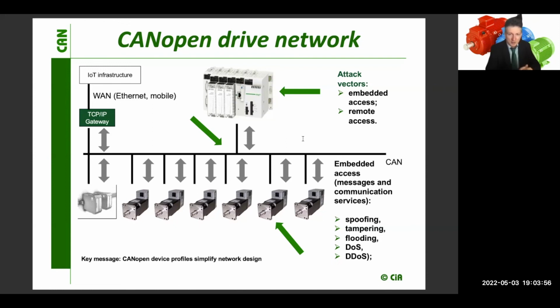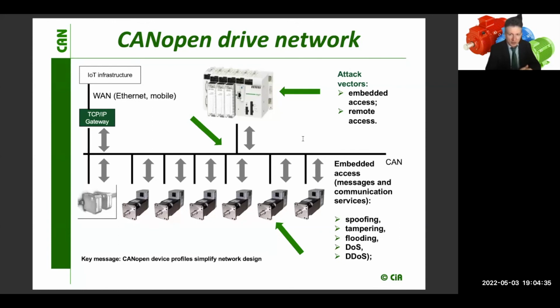They could be devices like the drives themselves, which are manipulated or tampered with, and the messages transmitted by these devices over the network could also be manipulated. This means the CANopen interface can also be manipulated. And finally, the host controller can be manipulated as well. So these are the points of concern.